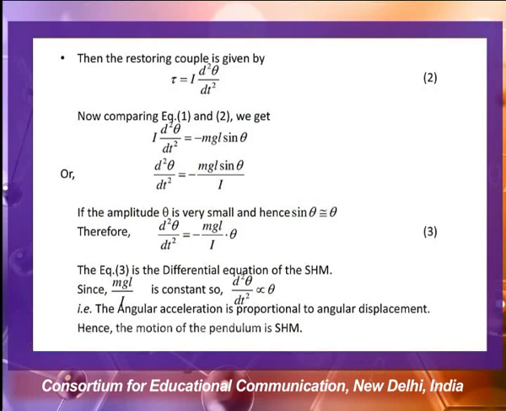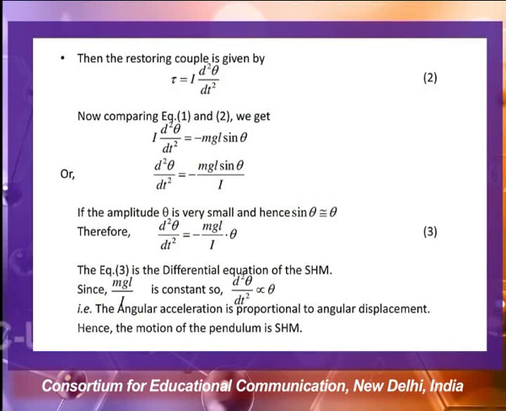If the amplitude theta is very small, then sin theta is nearly equal to theta. In that case our equation becomes d squared theta by dt squared equals minus mgL upon I times theta. This is equation number 3, which is the differential equation of simple harmonic motion.